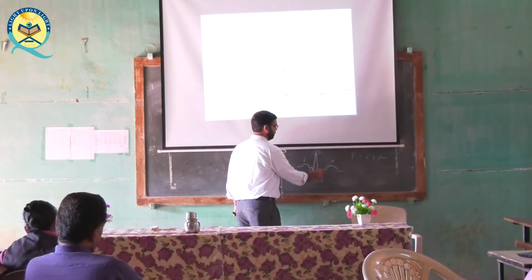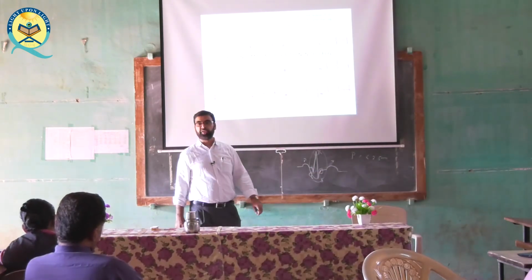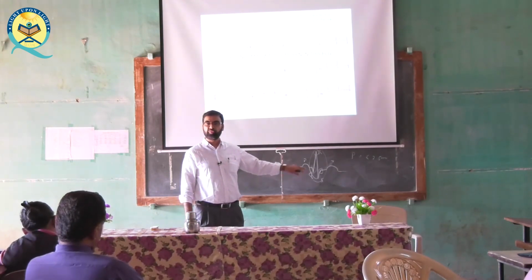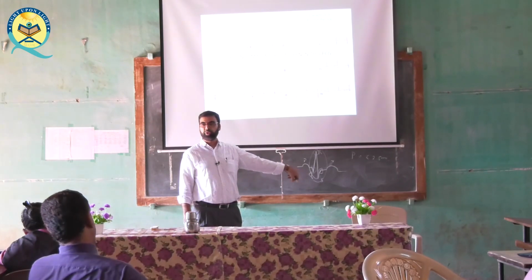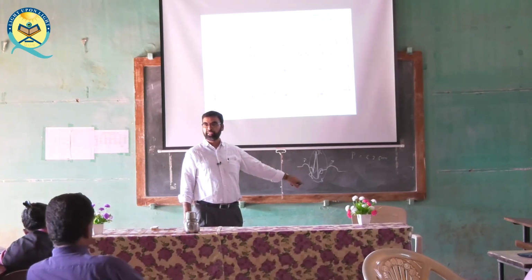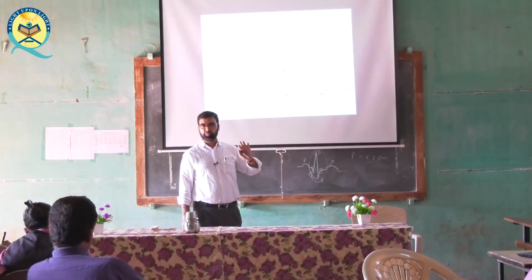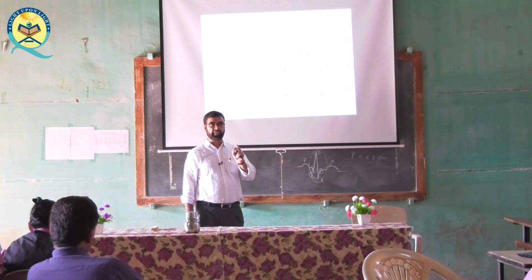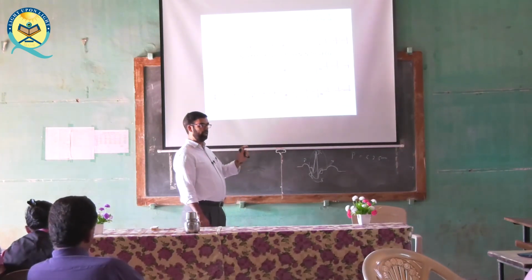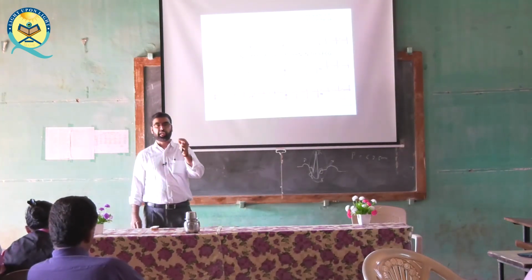The point where the S wave ends is called as J point. Normally the J point is isoelectric. Isoelectric में बोला क्या? Isoelectric on the line. Normally J point is isoelectric.